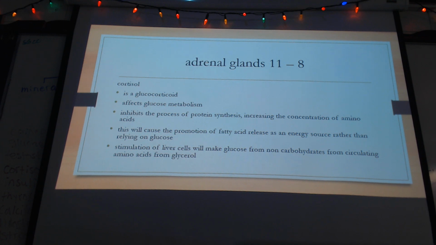We talked about pancreatic lipase, pancreatic amylase, and in this case, the metabolism of glucose is not only done by insulin and glucagon. This is another hormone that acts in this function as well.